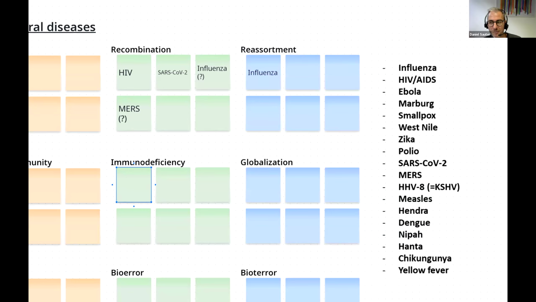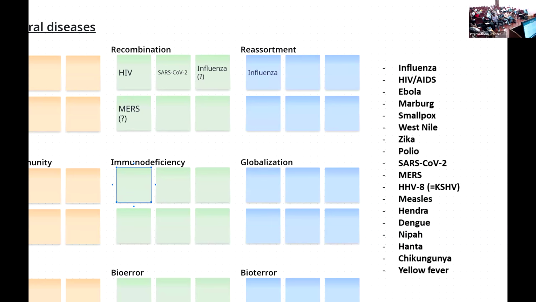I think I heard it. AIDS, but not the virus. Hepatitis. Yes and no. I mean, hepatitis viruses can also cause disease in healthy individuals.